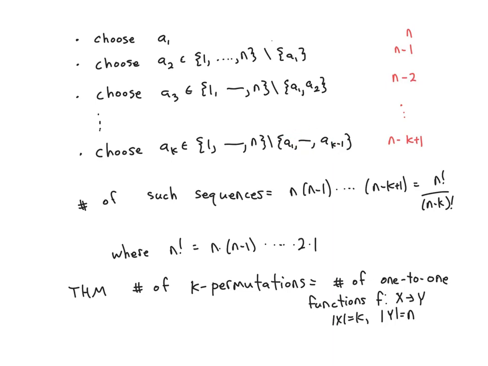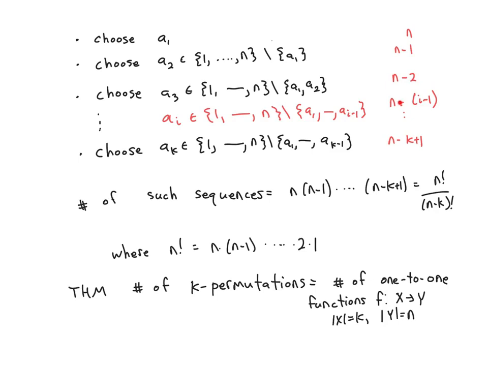And so in general, on the ith step, you're choosing everything except what came before. So how many possible choices are there? Well, there's n minus (i minus 1). The n possible options take away the ones that you can't pick.